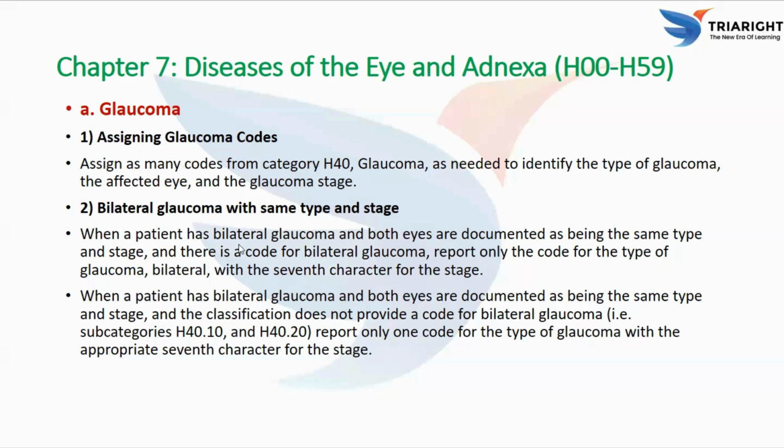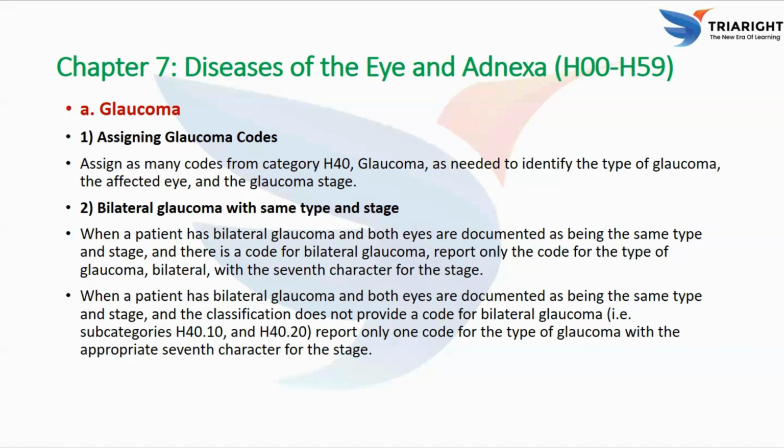Second guideline, bilateral glaucoma with the same type and stage. This guideline states, in case A, there is a specific code for bilateral glaucoma. So when the patient has bilateral glaucoma with the same type and stage and there is a bilateral code, you have to report only one code. For example, if the documentation gives primary open angle glaucoma, bilateral, and it is in a moderate stage, there is a code which exists for this bilateral, right?